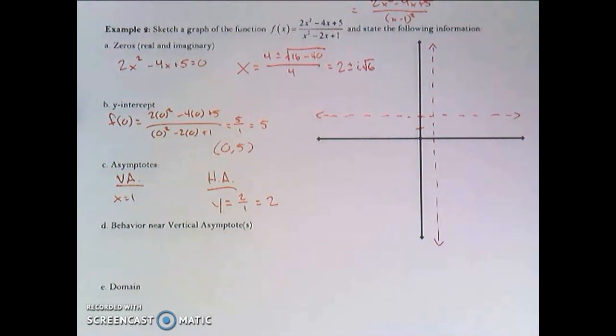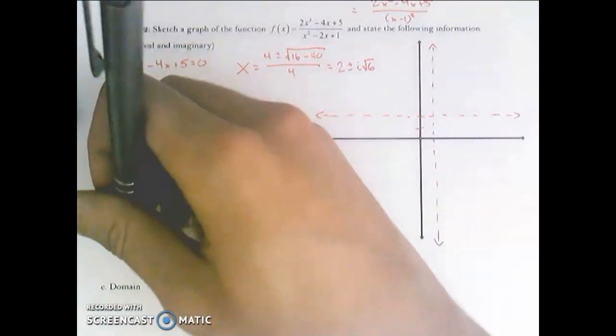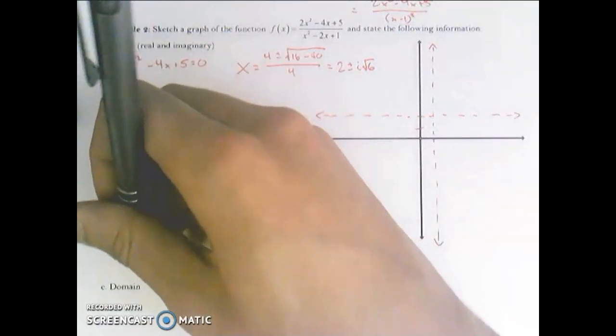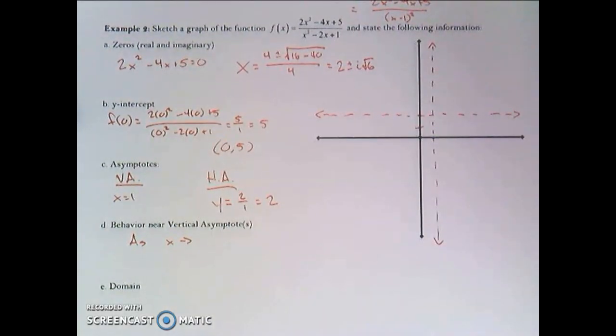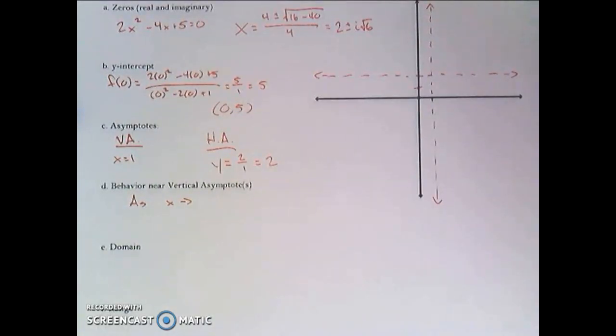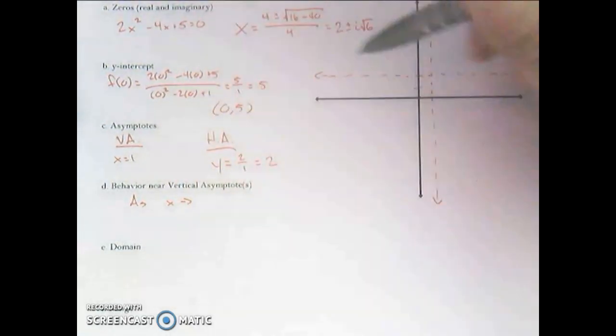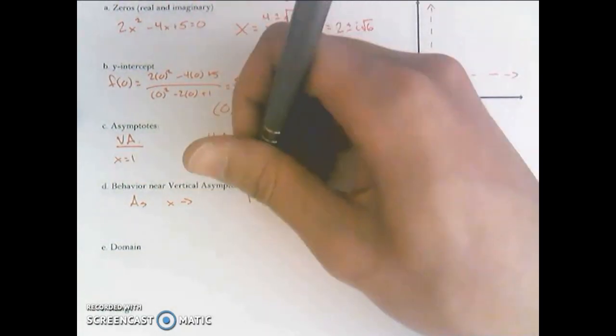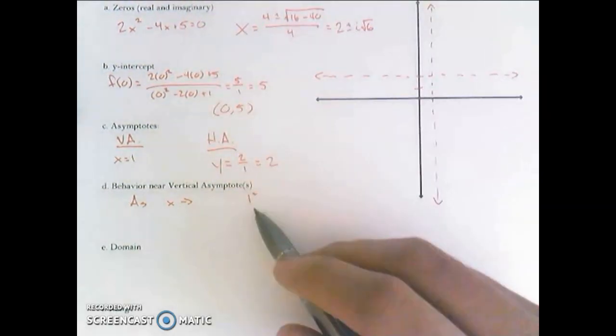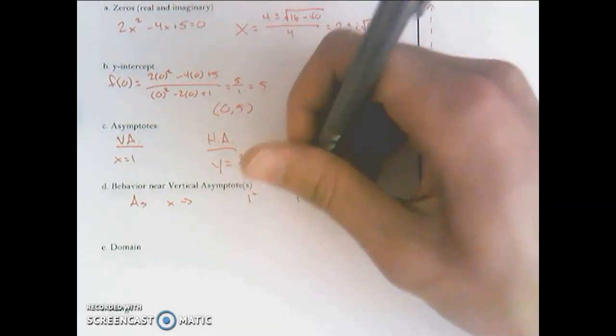So let's talk about what's going on near the asymptotes. For any of these, I always want to see what's happening to the function right next to the asymptote. So for any of these, I'd like for you to write out this table. As x approaches the asymptote, and our vertical asymptote is at x equals 1, we're going to say x approaches 1 from the positive side and approaches 1 from the negative side.